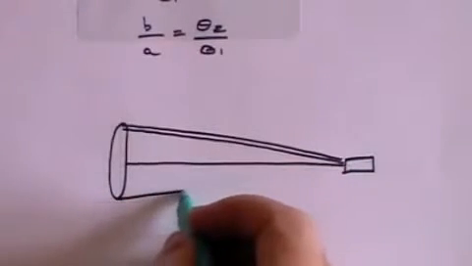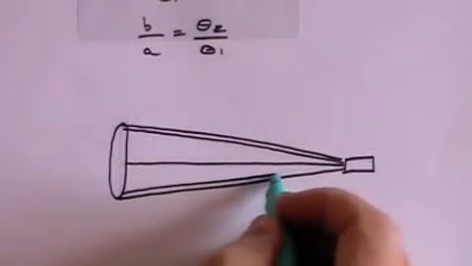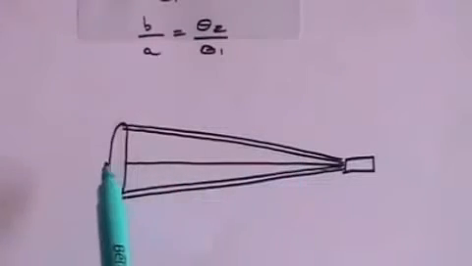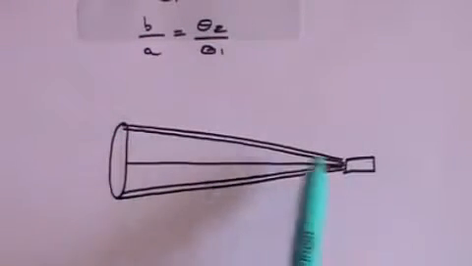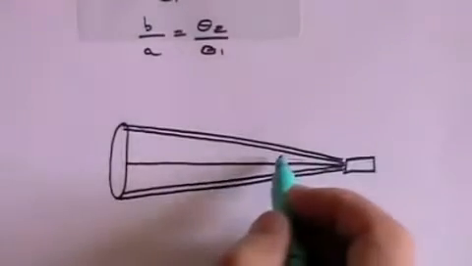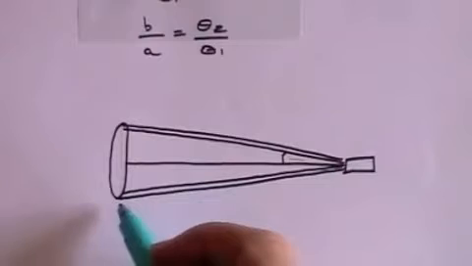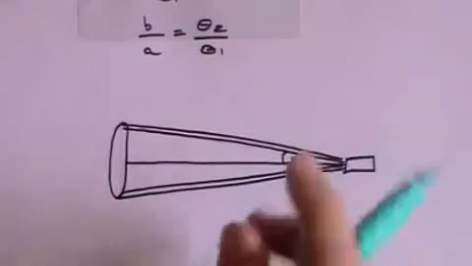Similarly, the light coming from the bottom of the moon will be coming as parallel light because it's come from such a long way away. This can't possibly be to scale. This is 250,000 miles away. So you can imagine that once you've got that far away, the angle is going to be very small. That angle there is going to be very small. And the light coming from the top of the moon and the light coming from the bottom of the moon is going to be coming in parallel.